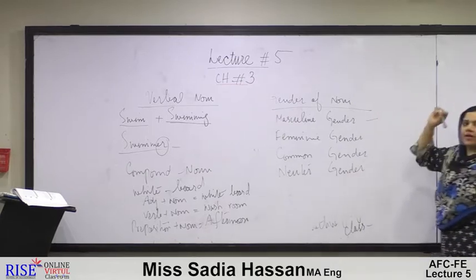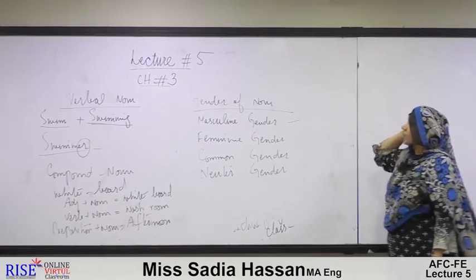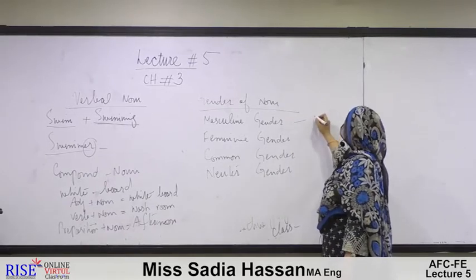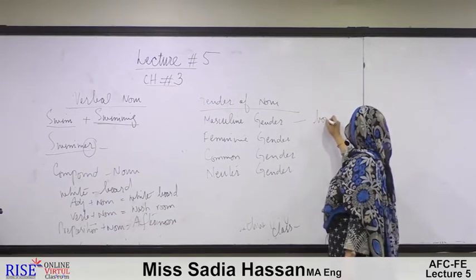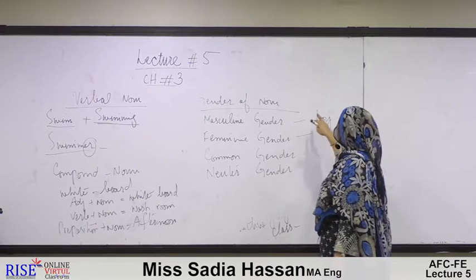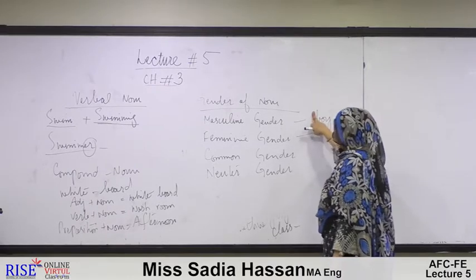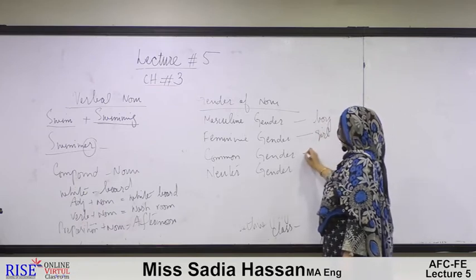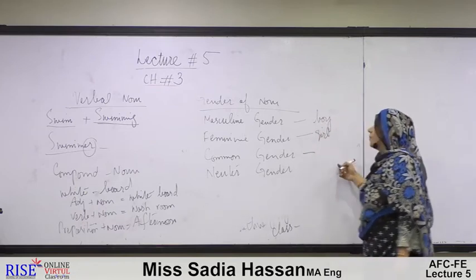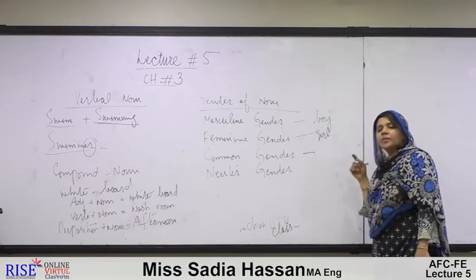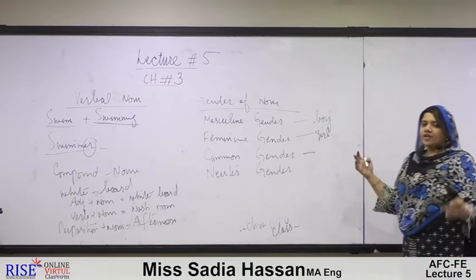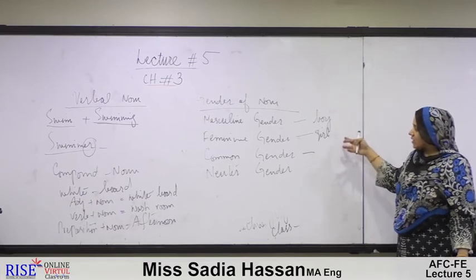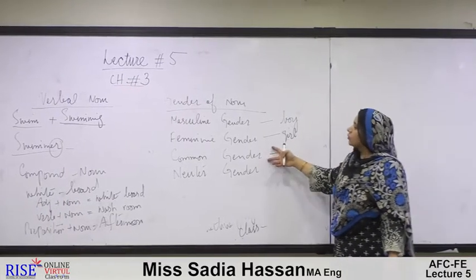The name given on the basis of the masculine gender, for example, boy, is a name given on the basis of the masculine gender. Girl is a name given on the basis of the feminine gender. What do we mean by common gender? By common gender, we mean a name which is given to both of the genders.